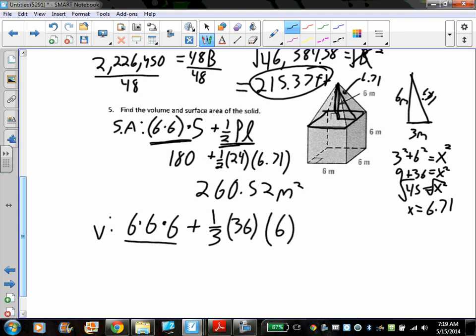So 6 times 6 times 6 is 216. And 1/3, that's 0.3 repeating, times 36 times 6 gives us 72. Adding 216 and 72, we get 288, and it's going to be meters cubed.